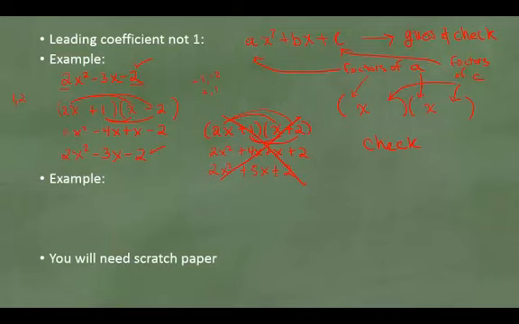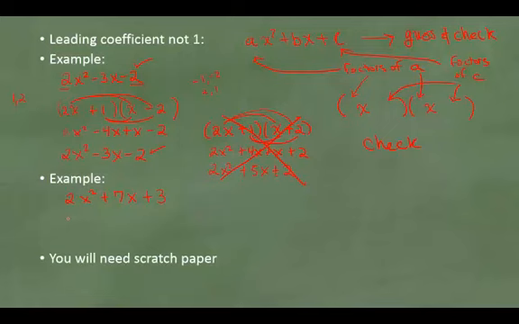Let's try another example. Let's try to factor 2x squared plus, what should we try, 7x plus 3.